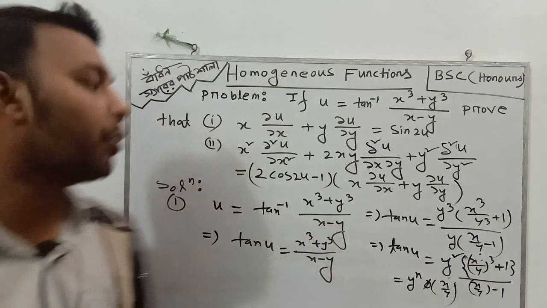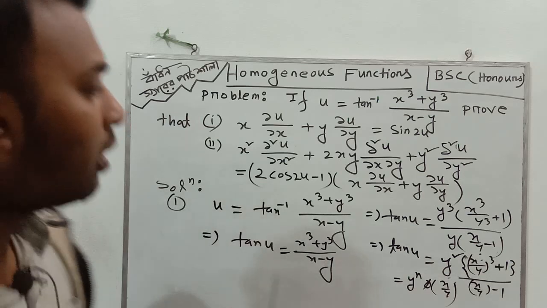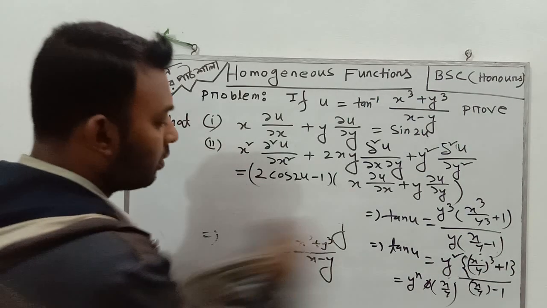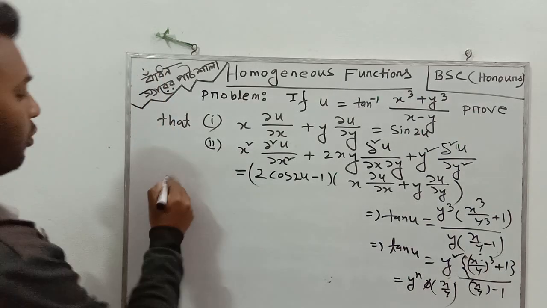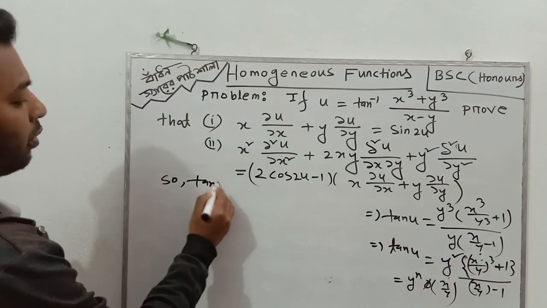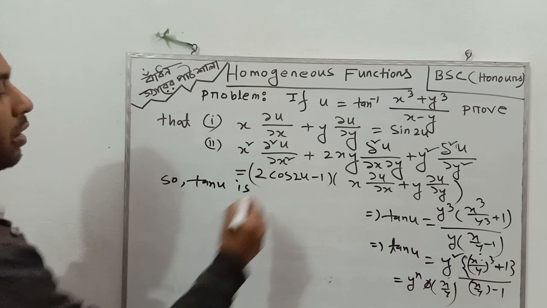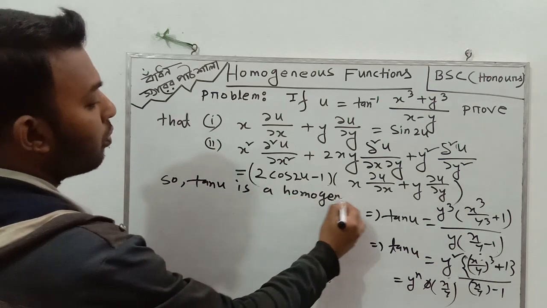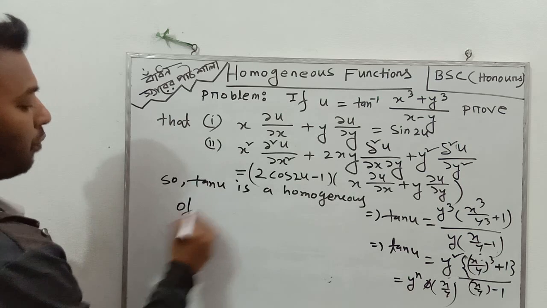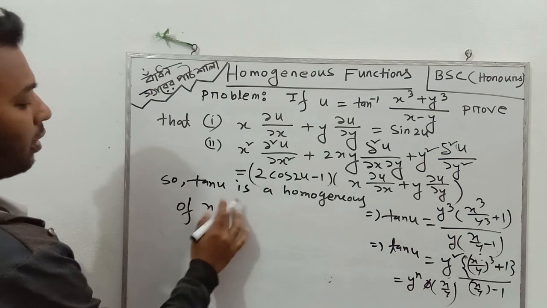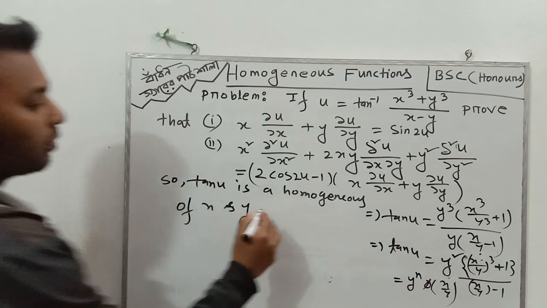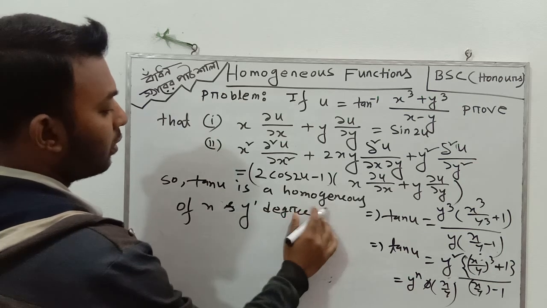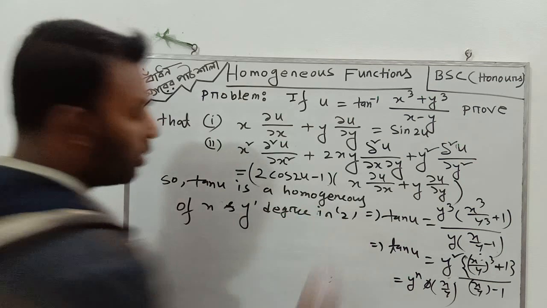So this is a homogeneous function. So we can write tan u is a homogeneous function of x and y of degree 2.